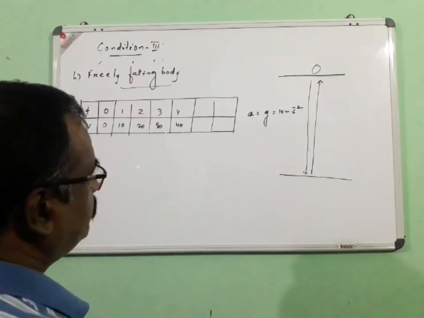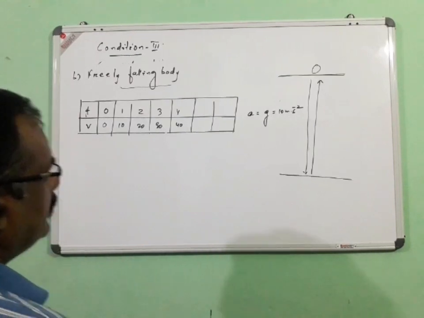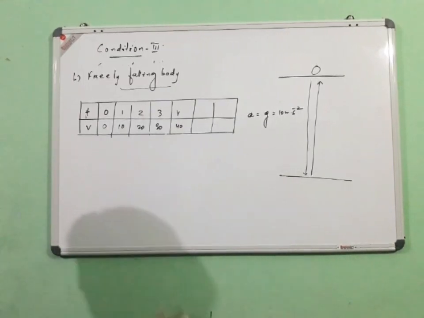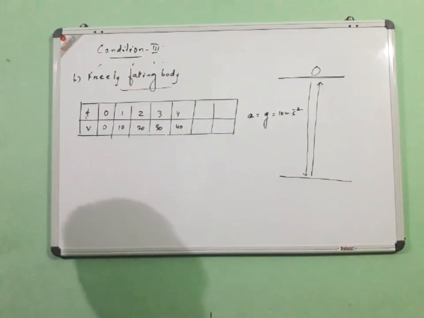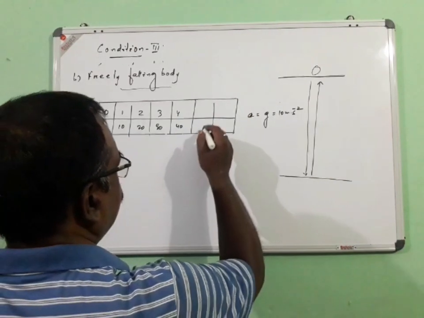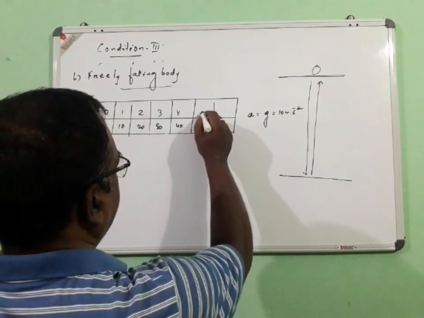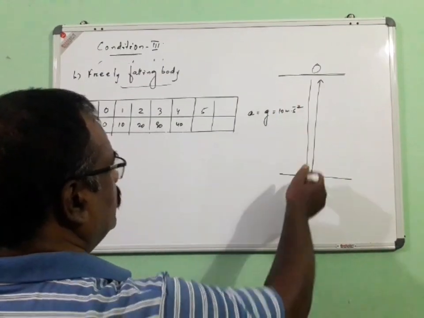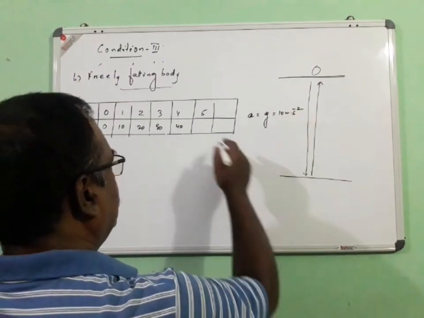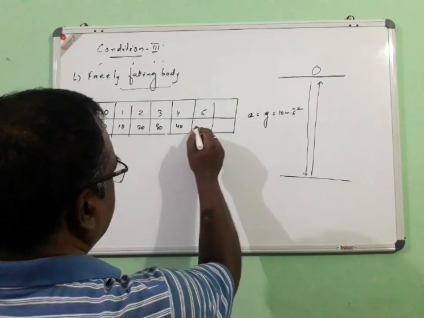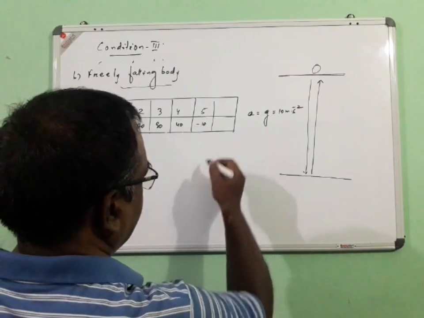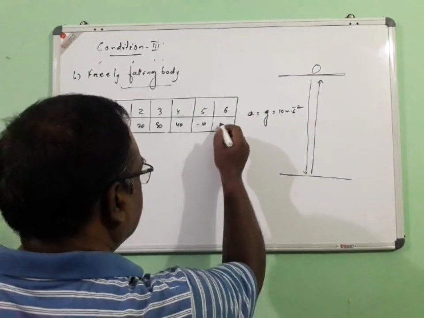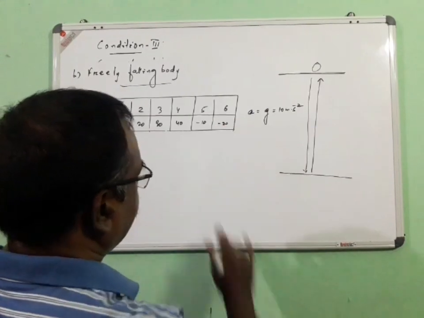Now let us consider that at 4 second it strikes the ground and then it rebounds, or it returns to its original position. So by 5 second it will travel in the opposite direction, and at the same time it becomes minus 10, at 6 second minus 20, and so likewise it goes on.